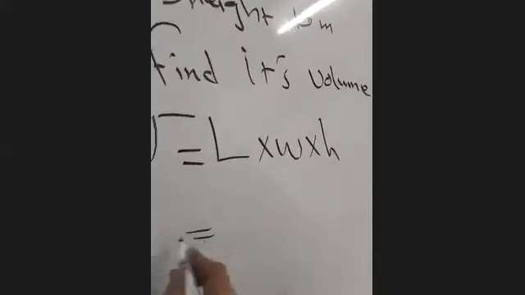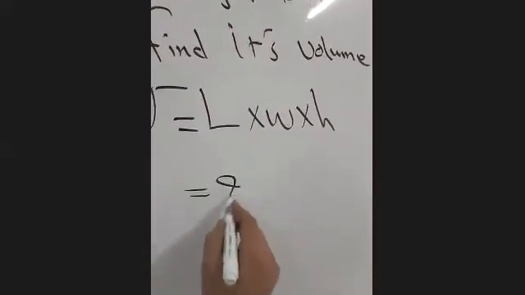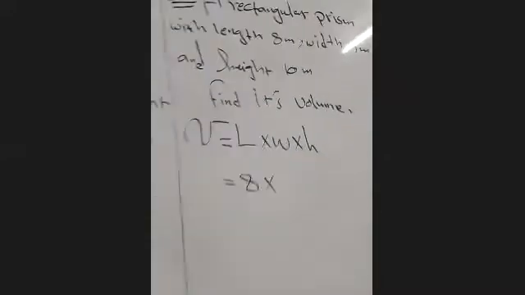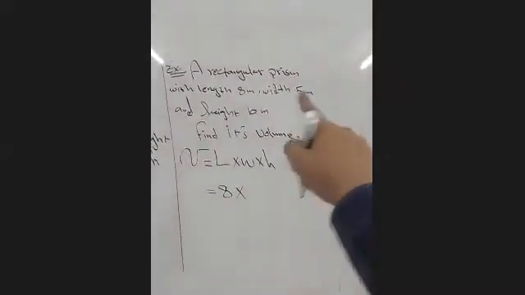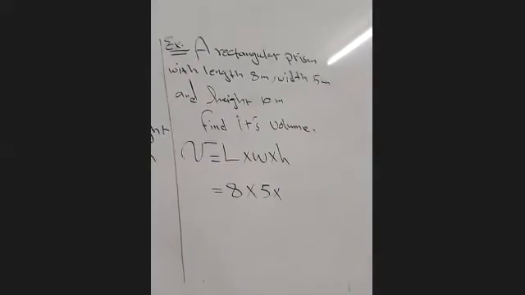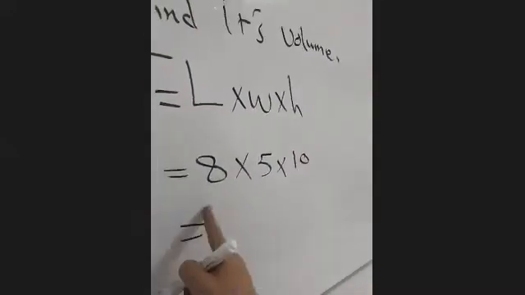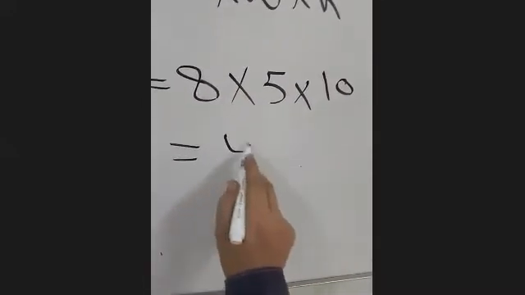How much is the length? 8 meters. Under length, we put 8. The width is 5. Under width, we put 5. The height is 10. Under H, we put 10. Now multiply. 8 by 5, 40, by 10, 400.